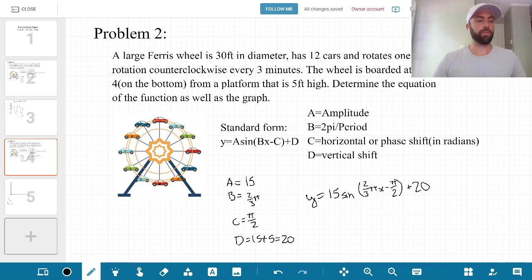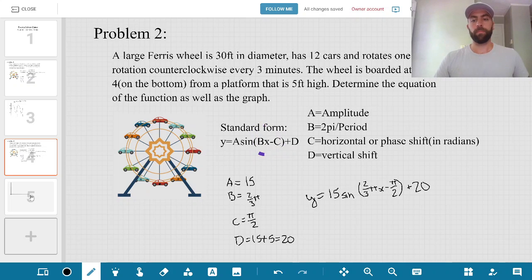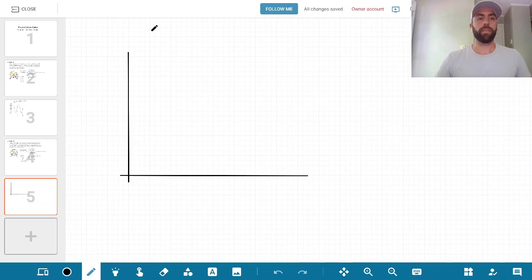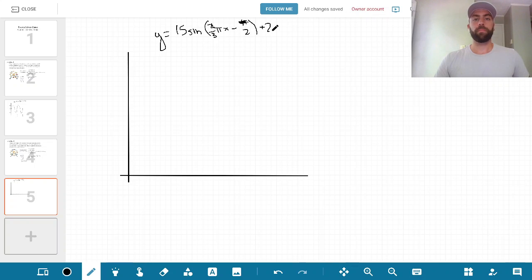Now let's graph that as well. I'll rewrite the equation so we have something to reference. 15 sine 2 over 3 pi x minus pi over 2, plus 20.